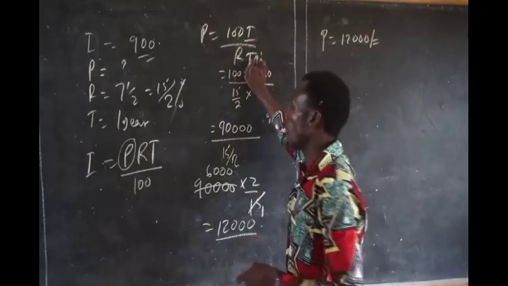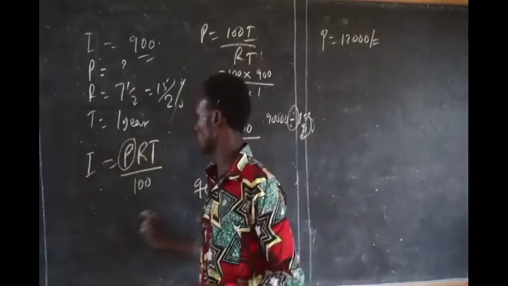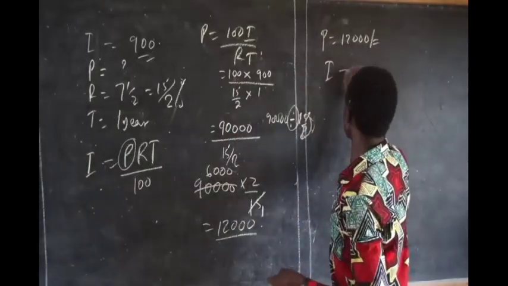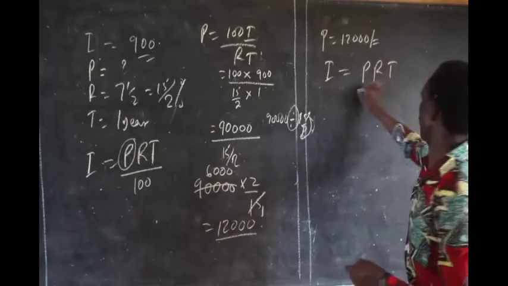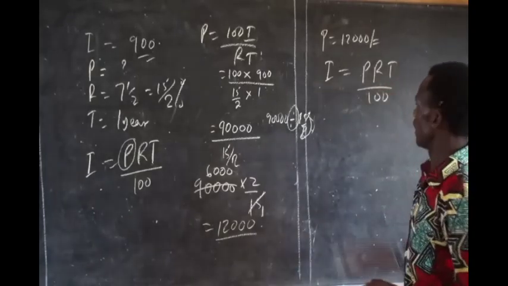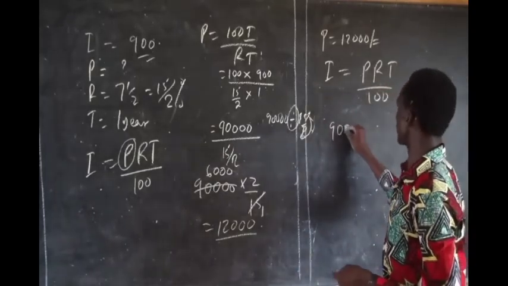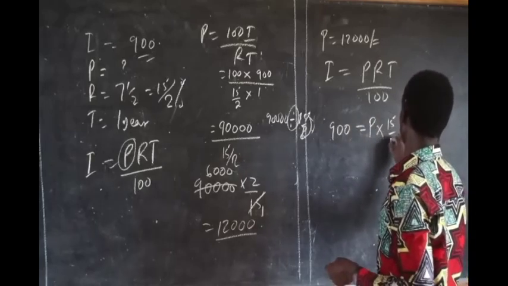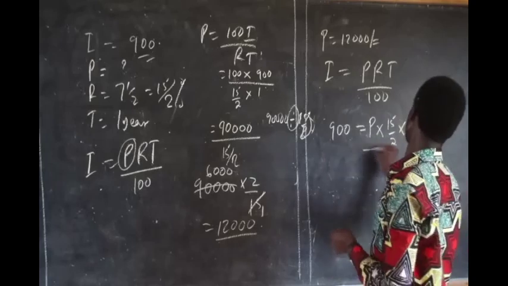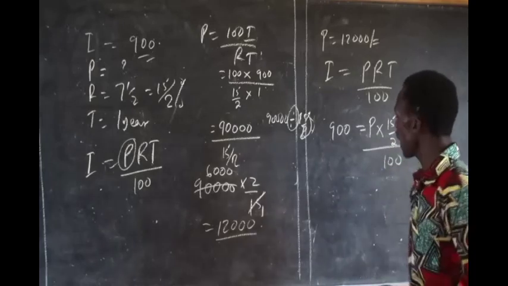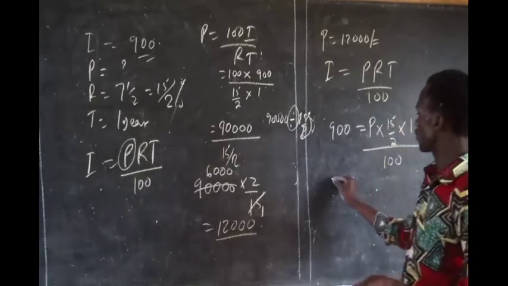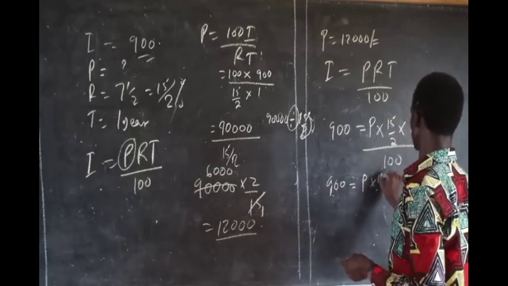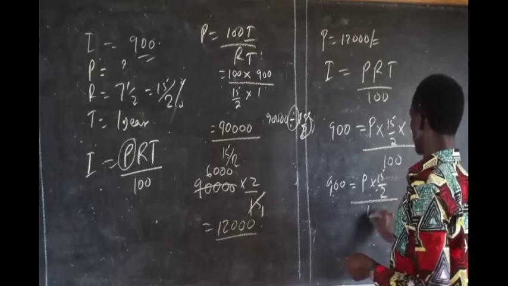Or if you find that it's impossible for you to make P the subject of the formula, you can substitute what you've been given. If you substitute from I is equal to PRT over 100, now I is equal to 900, is equal to P, which is unknown, times rate, which is equal to 15 over 2, times time, which is 1. This is over 100. Collecting the like terms, 900 is equal to P times 15 over 2, over 100.